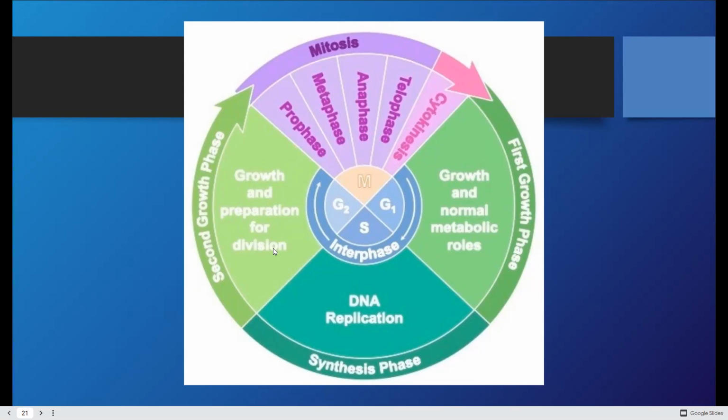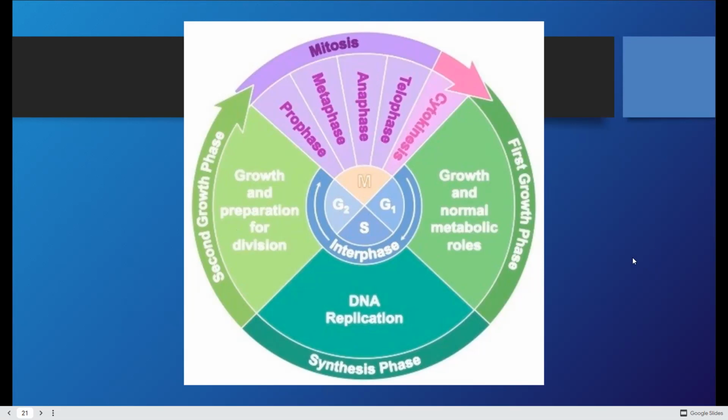If the DNA is already replicated in the synthesis phase, the cell will move forward to G2, which is the growth and preparation for cell division. G1, S, and G2 are considered the interphase or the preparation phase before mitosis. Mitosis is the main event in the cell cycle.